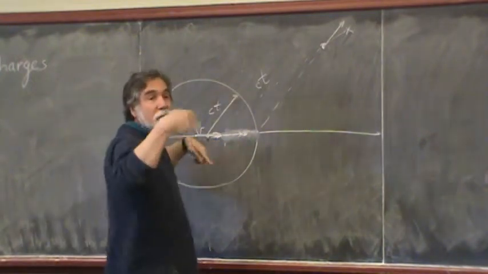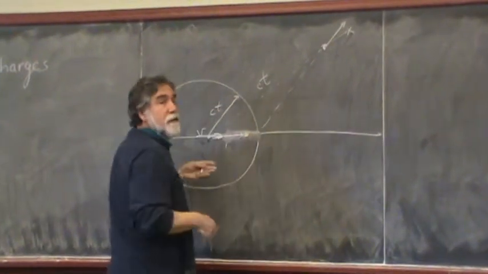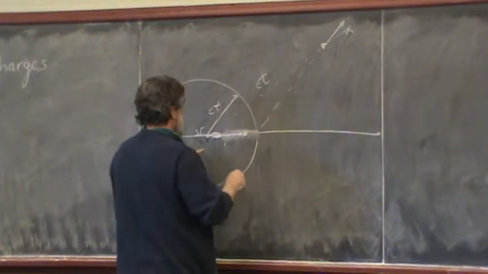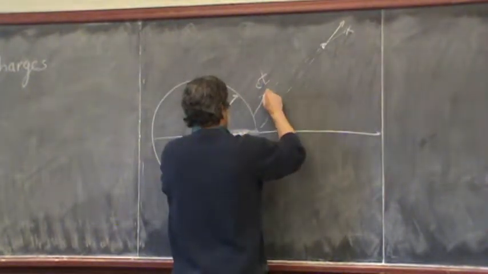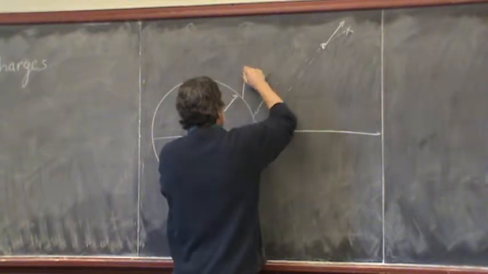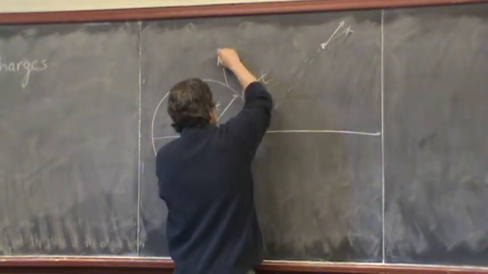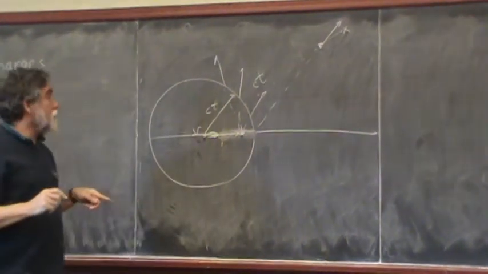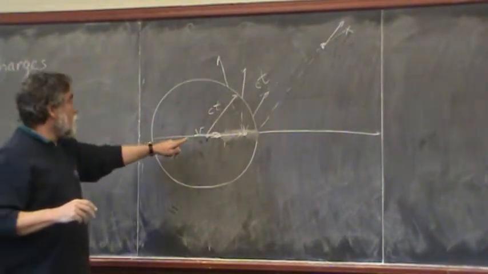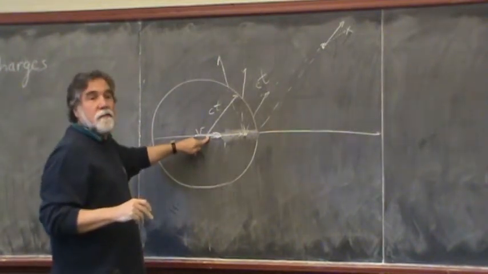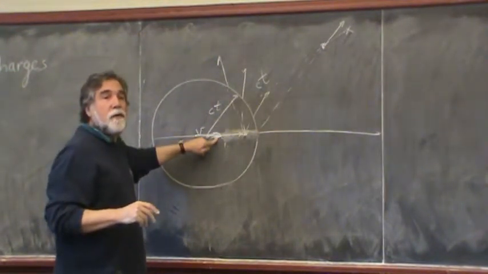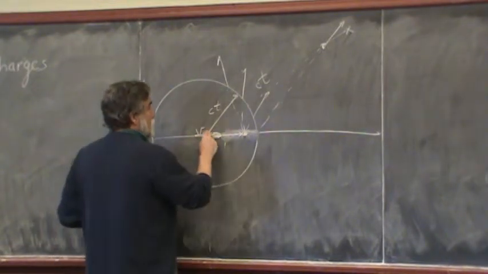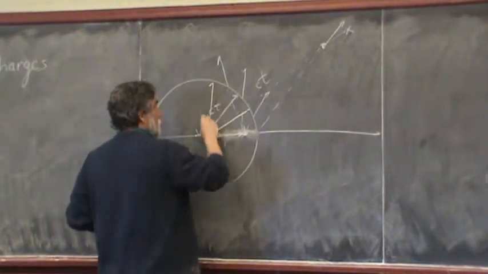And the signal that I see outside of this radius looks like that, as though it's coming from here. Inside the radius, it knows that the particle stopped. Maybe it stopped right here. So inside the radius, the field looks like this.